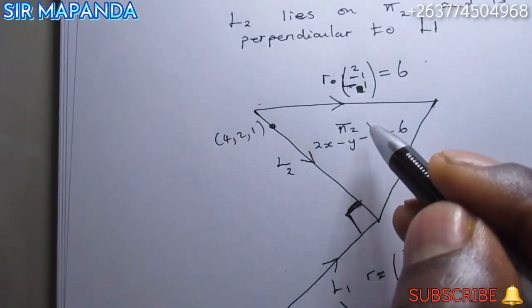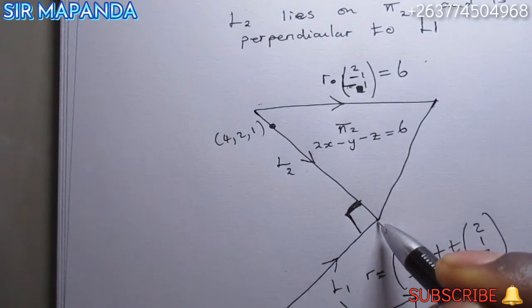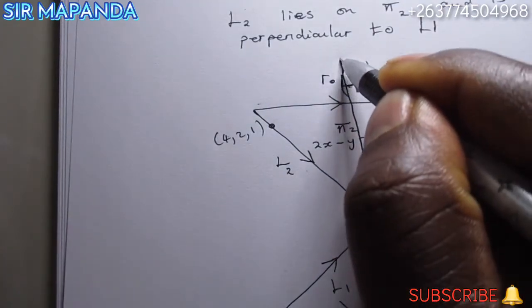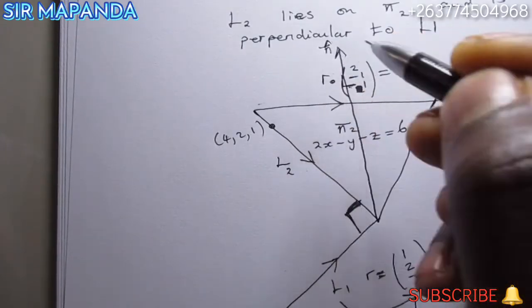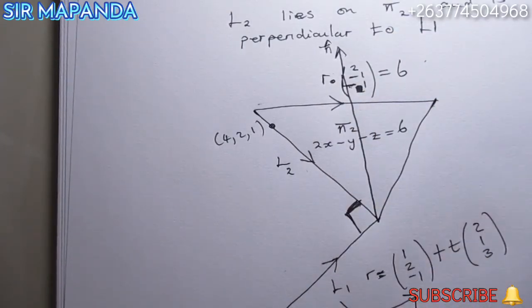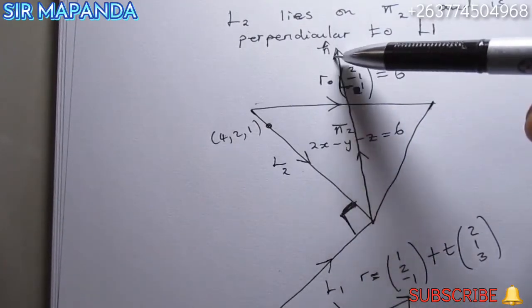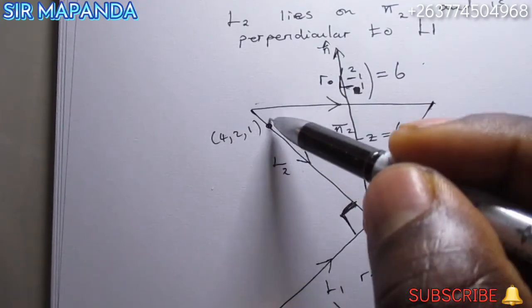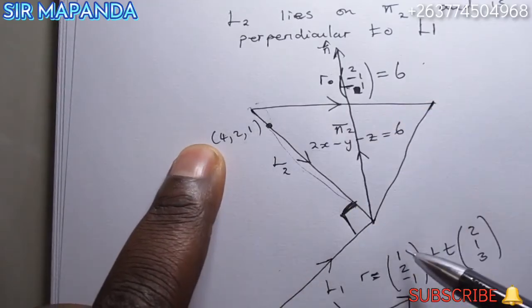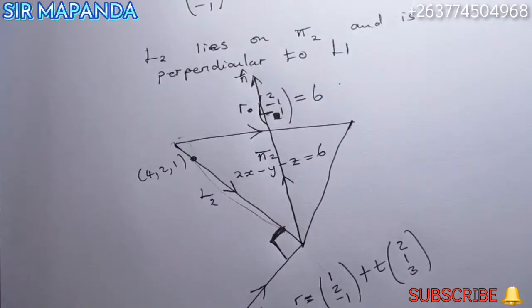So I want you to notice something. If this line is the normal vector of pi 2, we need to perform the cross product of the normal vector of pi 2 with the direction of L1 to find the direction of L2. I hope you are following.